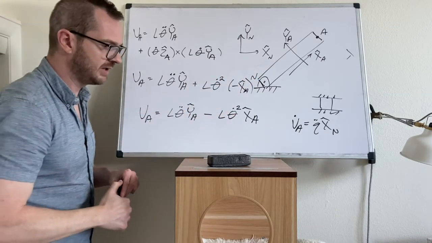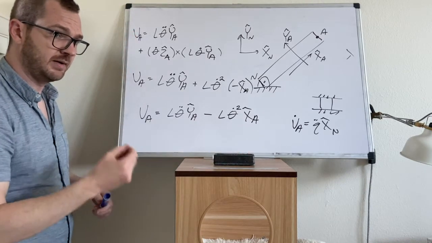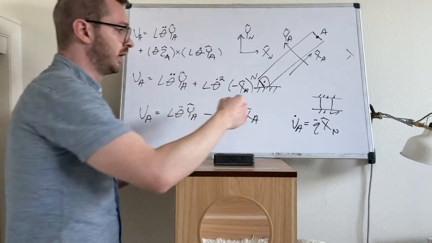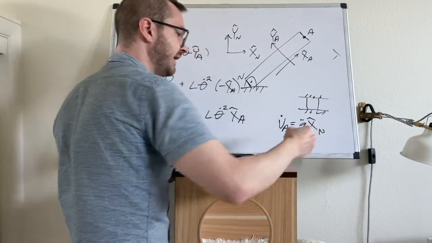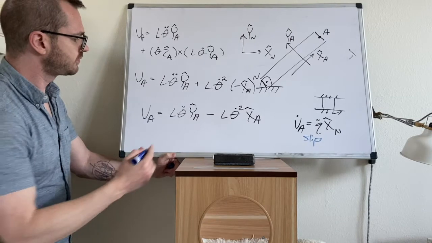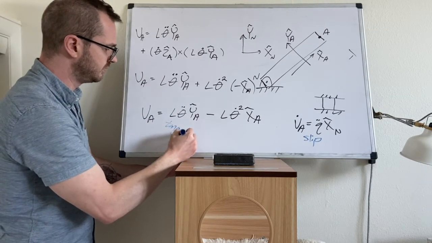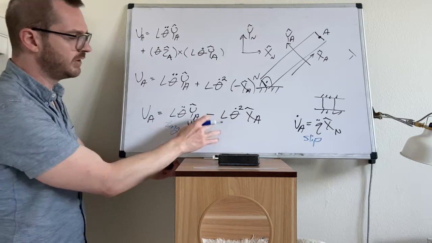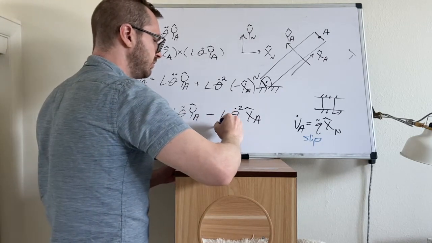On the velocity level, we had two different types of velocity. We had slip and we had tangential. Well, this is still slip. This is now a slip acceleration. And this term is still tangential. Now we have a new term that we haven't seen before. This one is called normal.